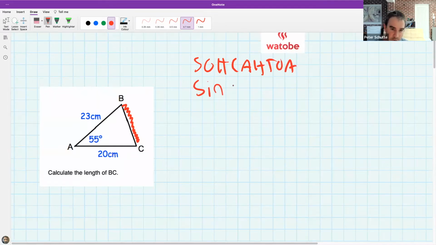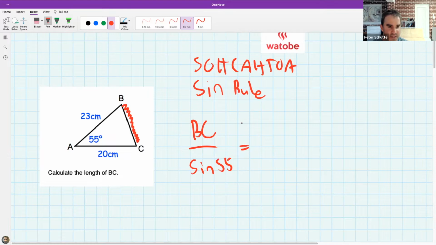I can't use the sine rule because I don't have pairs of matching angles and sides. If I try BC divided by the sine of 55, and then 20 divided by, I don't have another angle to help me.